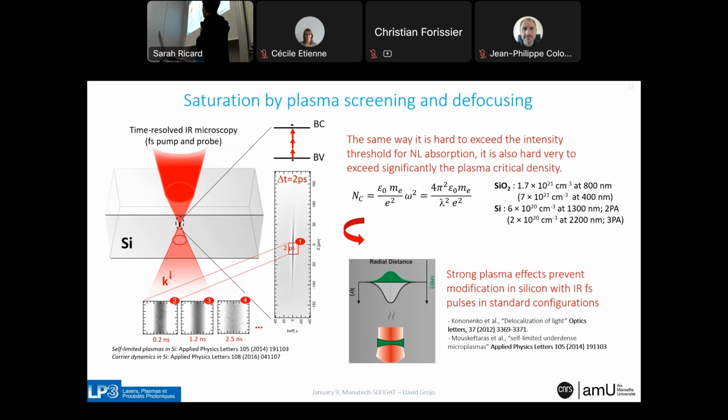And that's the main reason why modification inside silicon by this type of experiment has not been reported for a long time, because of this limitation in standard configurations. But I will come to this in the second part of my presentation.